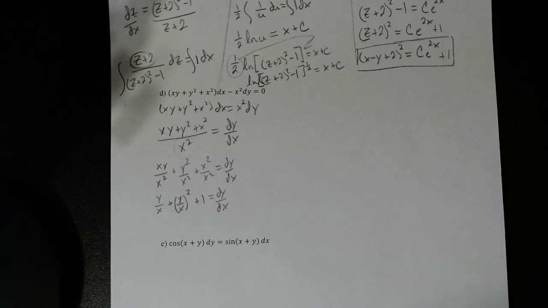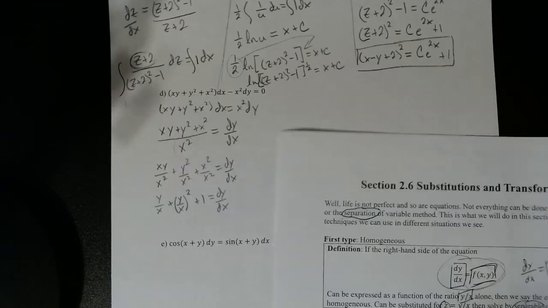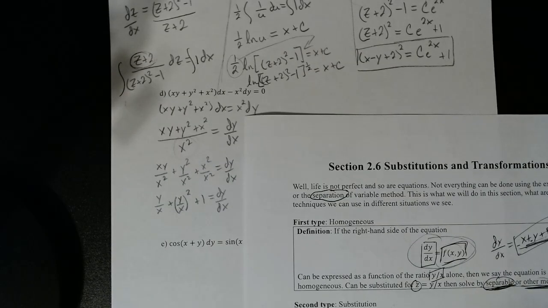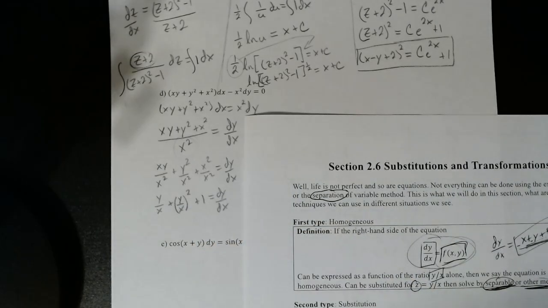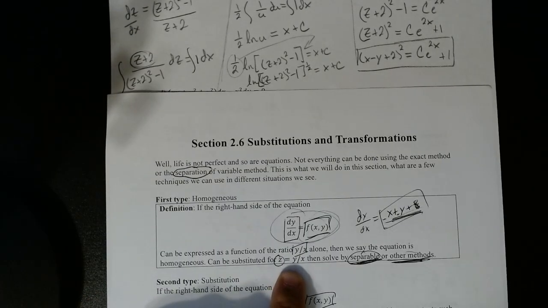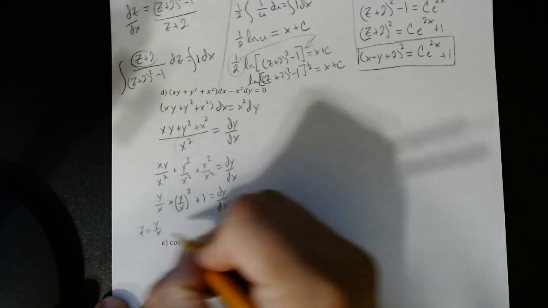Okay, so what do we do at this point? Well, remember the whole point is not to do separation of variables here, which is the problem. But our first type was the homogeneous one, which said if one side is equal to a ratio of y over x, then it's going to be homogeneous. And it looks like we have y over x here, y over x there. So therefore, it's the first situation, where we use the substitution z equals y over x. All right, so let z equal y over x in this situation.